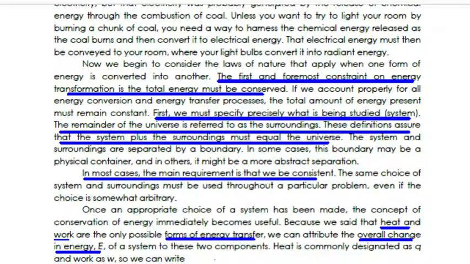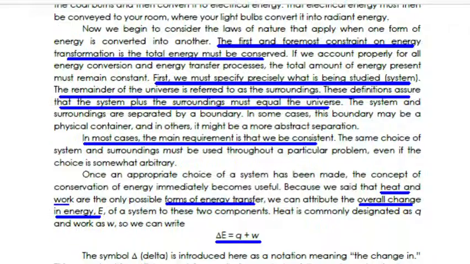So we can now write it as delta E is equal to Q plus W. So this equation is, as mentioned here, deceptively simple because there is already an addition since we should conserve energy. So all forms of energy are just added up.